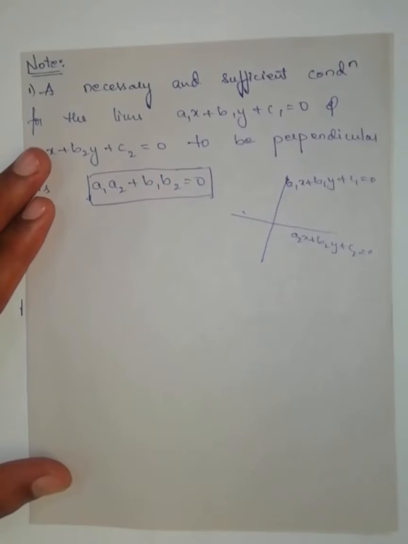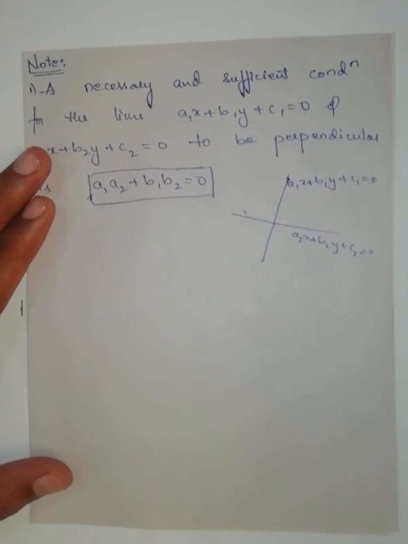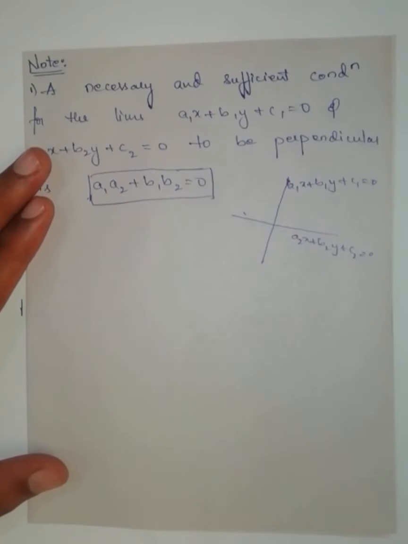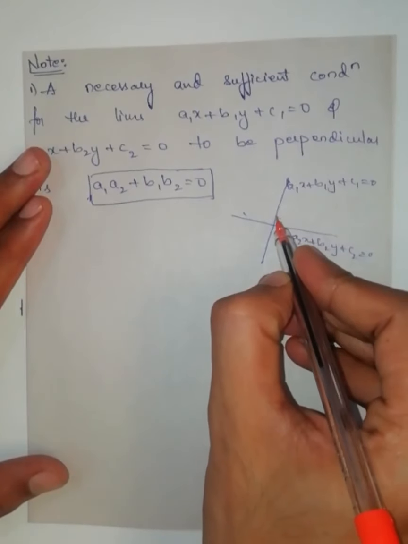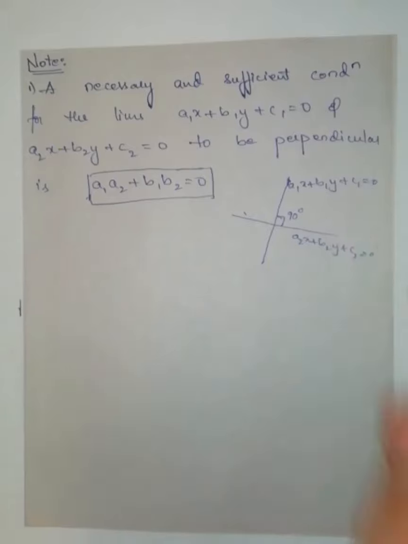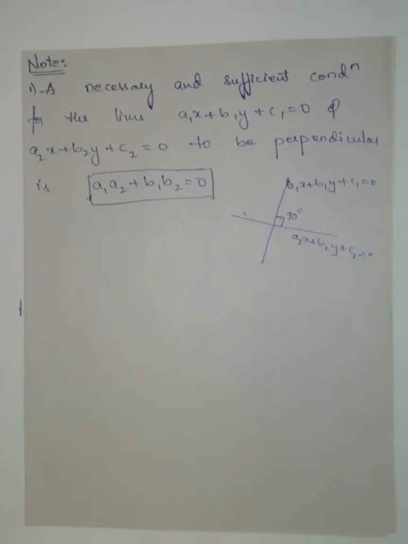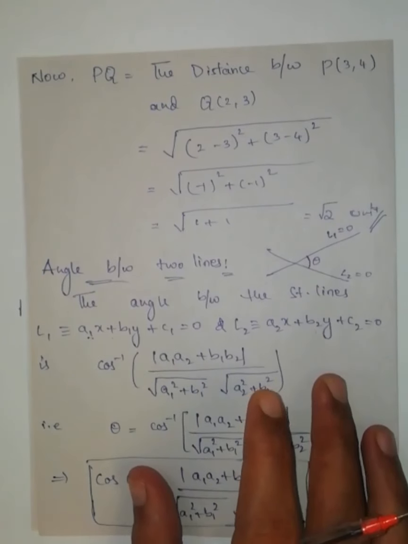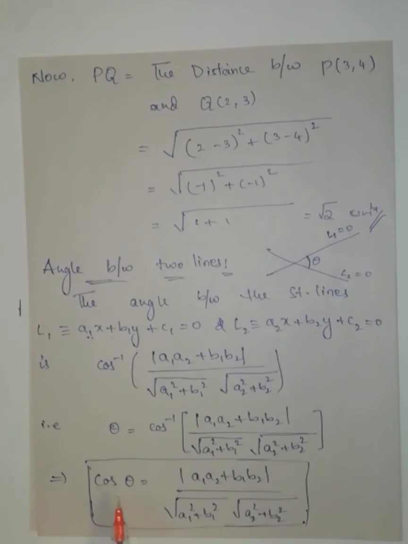These two lines are perpendicular to each other when the angle between them is 90 degrees. Using the formula we just got, cos theta is cos 90 degrees. Cos 90 is 0. This one will become 0, modulus of this one by this one is equal to 0.